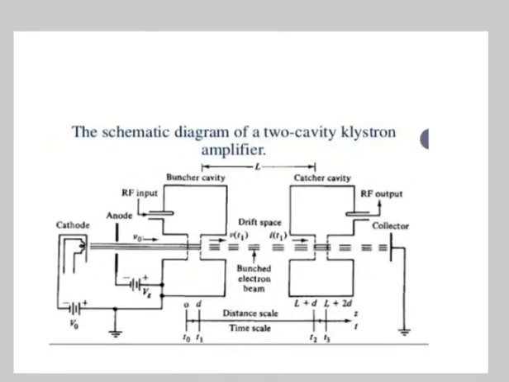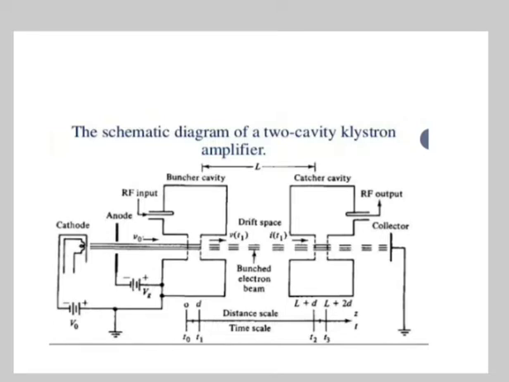The accelerated electron beam passes through a gap in the anode into a region between a pair of closely spaced buncher grids, the first gap, across which an RF voltage exists, then into a drift space, and then through another pair of catcher grids, the second gap, to the collector.